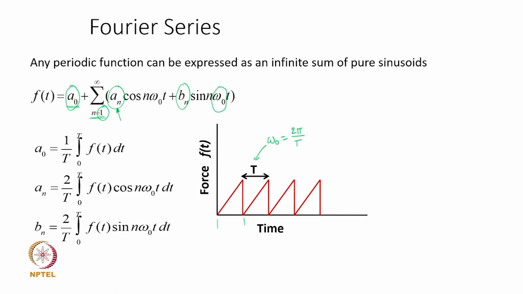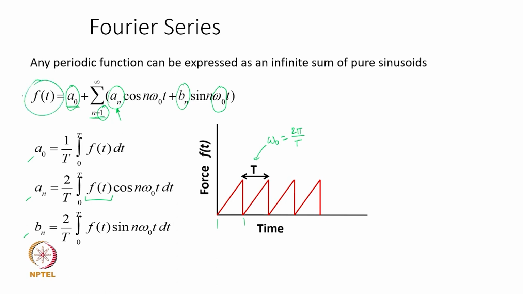This you might have learnt in your earlier courses. The coefficients a naught, a n and b n are obtained by using these integrals. I need not go into the details of how they have been obtained, but you must be familiar with this from your mathematics course. Please make a note that these coefficients depend fully on what your original time function f of t is.